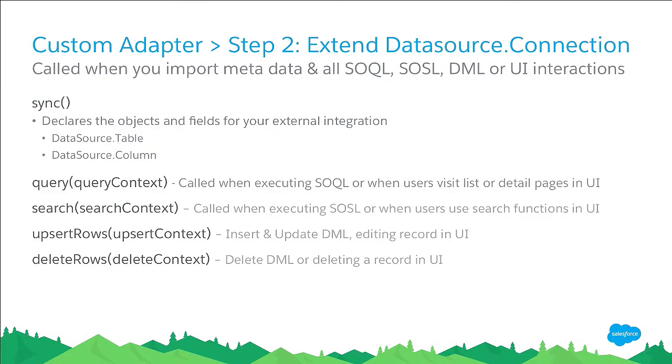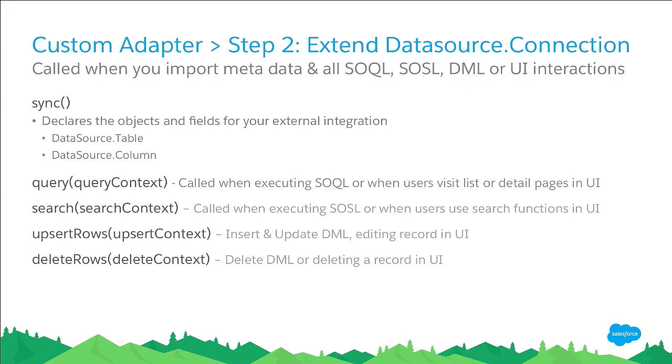OK, so the data source connection is basically what we use when a user does a search or a query or an update on that data. But we've also got this sync method at the top. It's essentially exactly the same as when the user hits that sync button that we did earlier. It's basically: tell me what the structure of your data source is, tell me all the tables and all the columns within it.